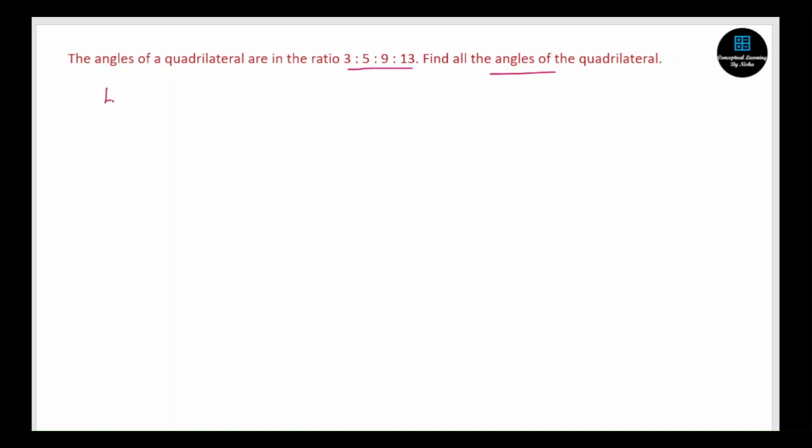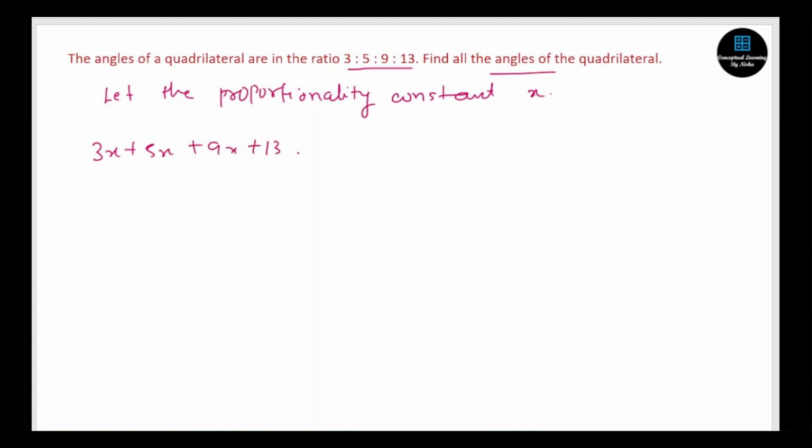So let the proportionality constant be x. Okay, so what I can say, the angles are 3x, 5x, 9x and 13x. I can add all the angles, okay, and that sum is 360.